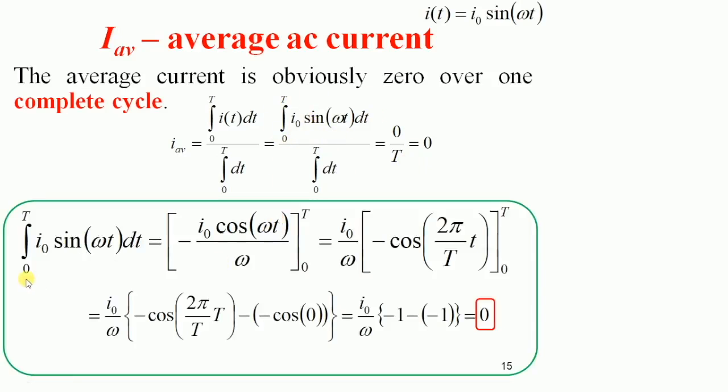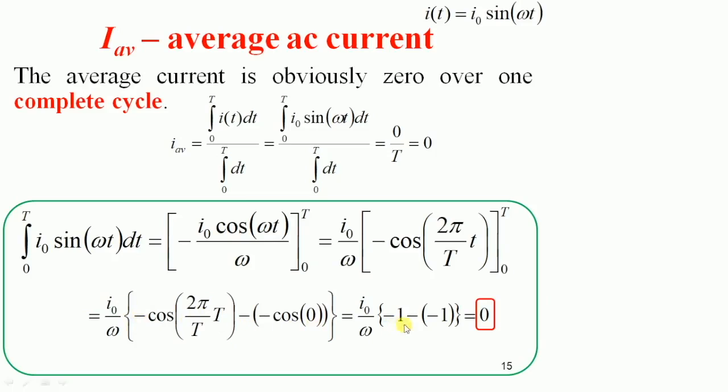So I would like to quickly explain that integration of sine omega t is cos omega t upon omega with a minus sign, and it is rolling from 0 to capital T. So upper limit minus lower limit, I0 upon omega you can take out, or even you can take out the minus sign, and here we are left with minus cos of 2 pi minus cos of 0.